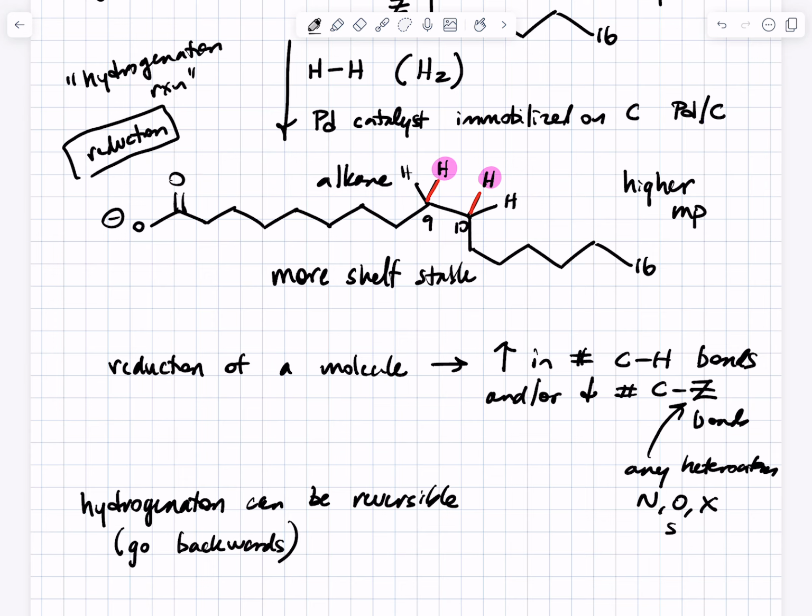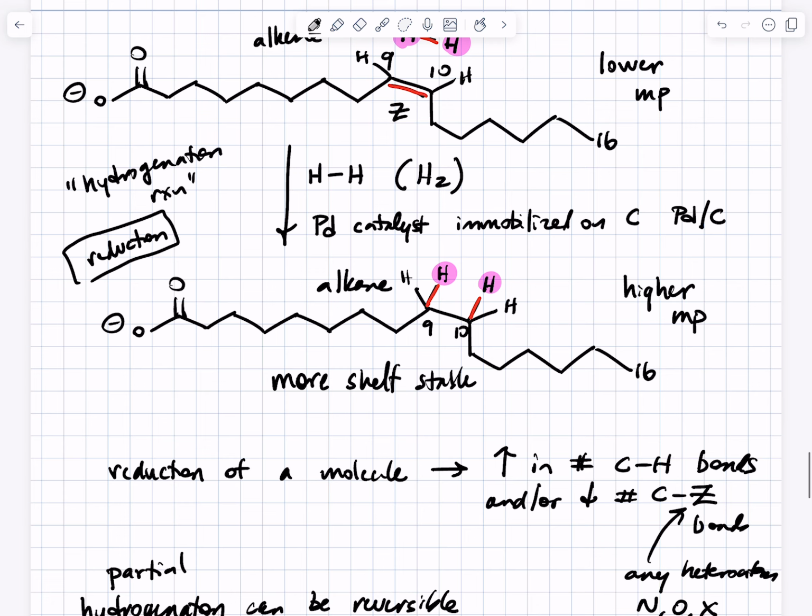And I'll just say partial hydrogenation. So if you really want to force the reaction to go 100%, you just provide a huge excess of hydrogen. Use Le Chatelier's principle, add a huge excess of hydrogen, the reaction goes forward, you're done. But suppose you didn't want to do that. Suppose you wanted to just partially hydrogenate.